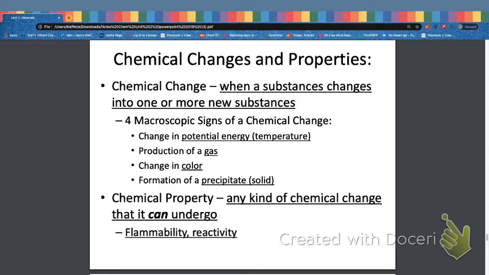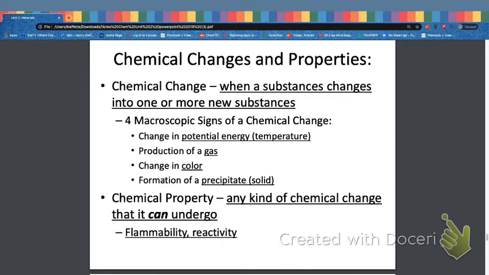And so the chemical properties of a substance have to do with whether they can interact with other substances to make a chemical change. So when we mix baking soda and vinegar, we get bubbles, and so we know that that's a chemical change.